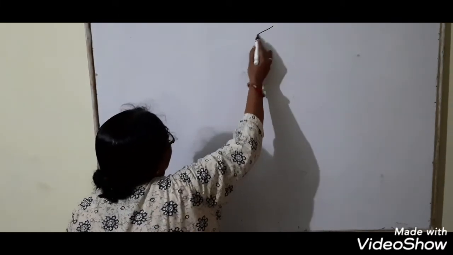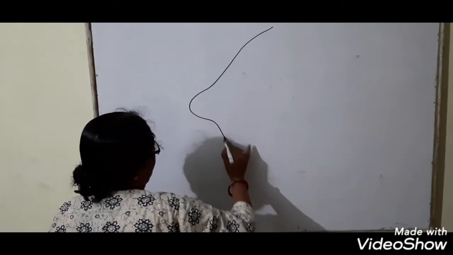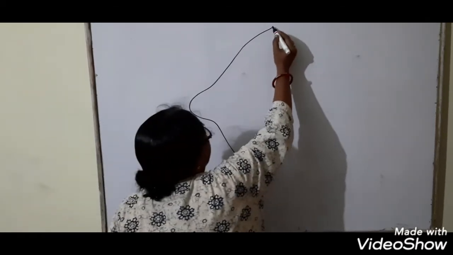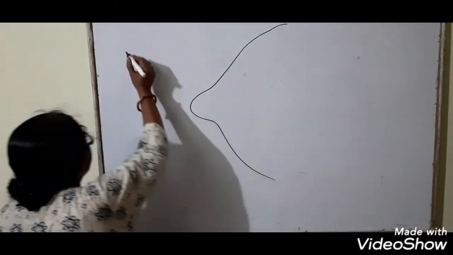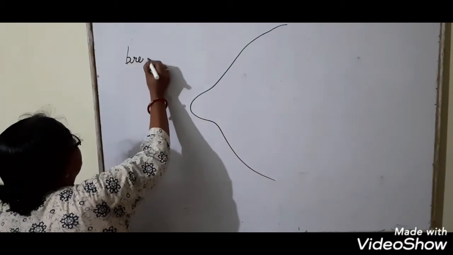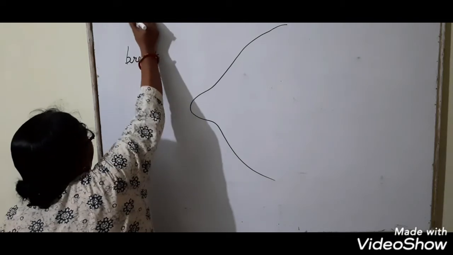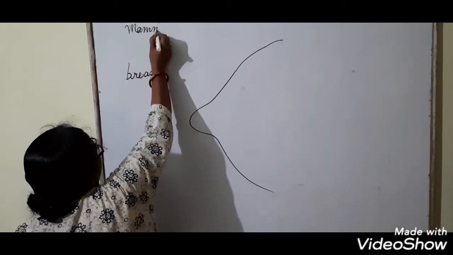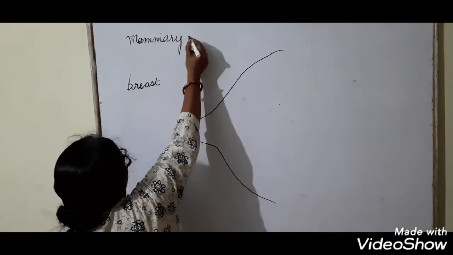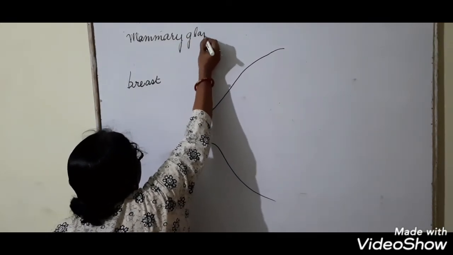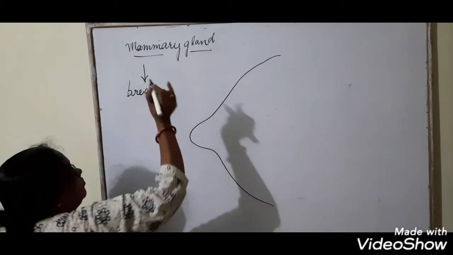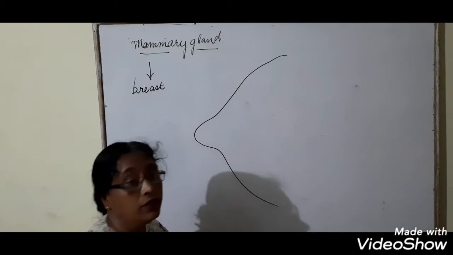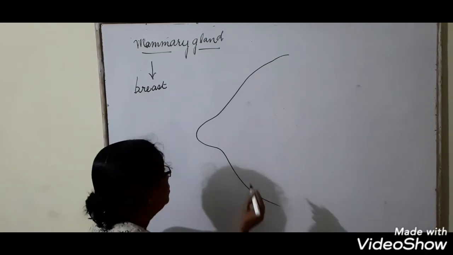The mammary gland is a sac-like or pouch-like structure. The mammary gland is also known as the breast.